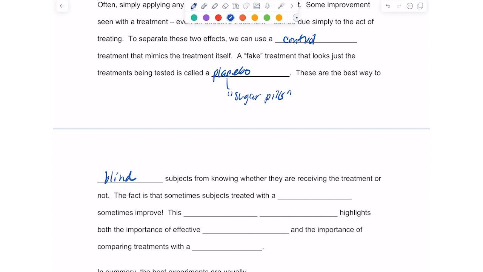The fact is that sometimes subjects treated with a placebo improve. This is called the placebo effect. And it highlights both the importance of effective blinding and the importance of comparing treatments with a control.